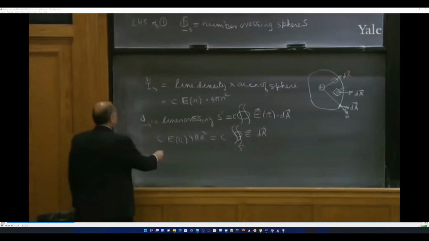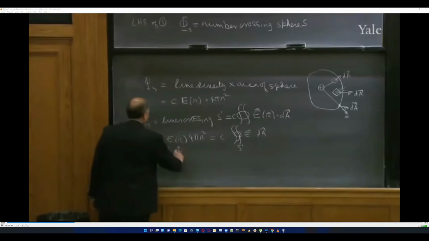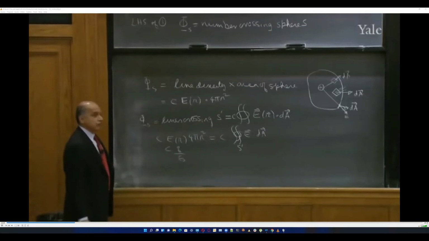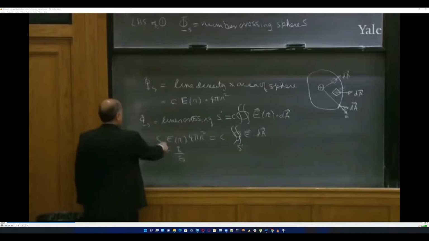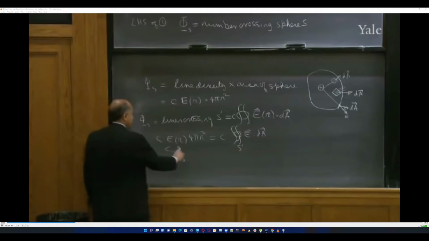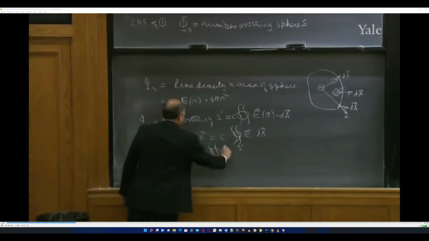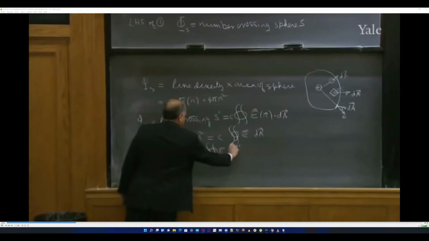But E(r) times 4 pi r squared is C times Q over epsilon 0, because E is Q over 4 pi epsilon 0 r squared. You see that? This much you should know. I'm not going to write the details. So that is equal to C times the surface integral of E dot dA.